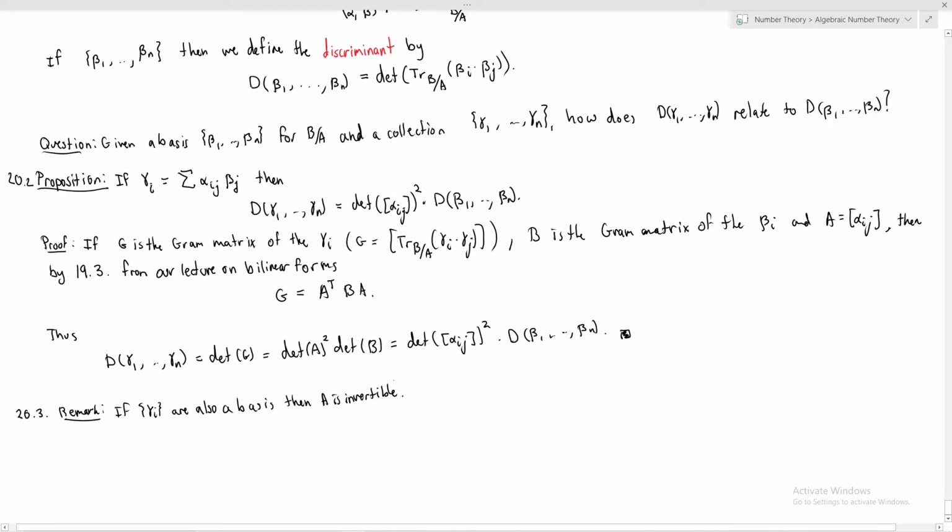Okay. So what do we see out of this? We see that any two discriminants of a basis for B over A differ by the square of a unit.